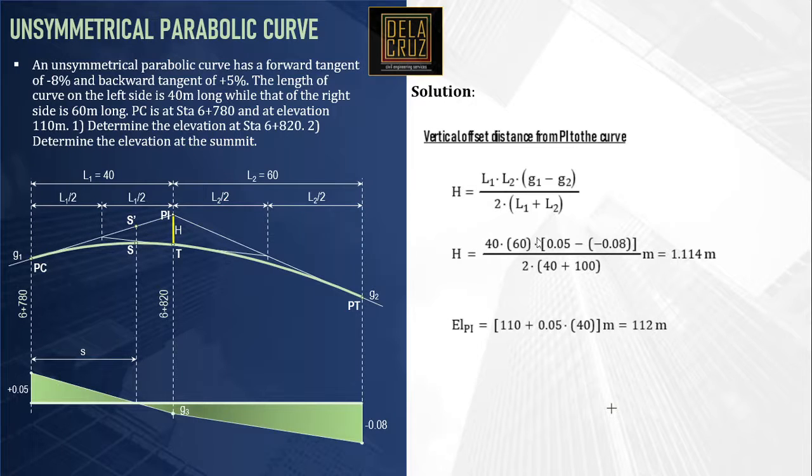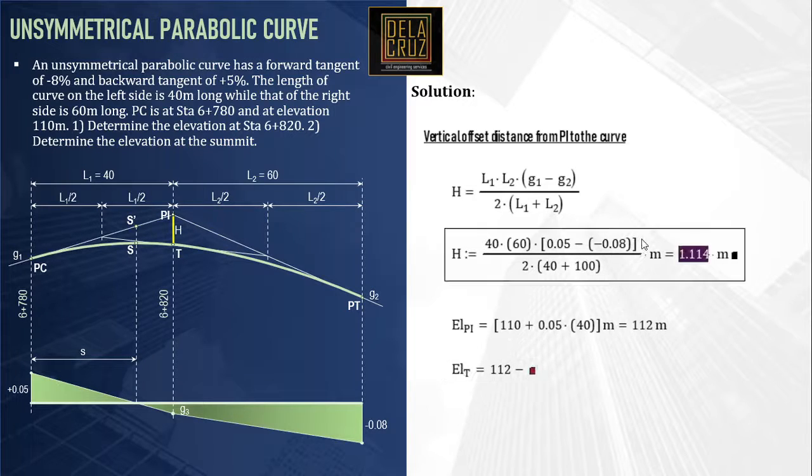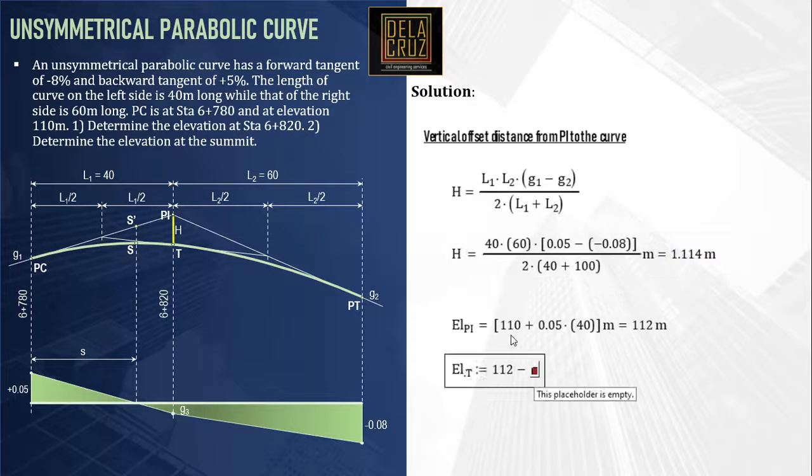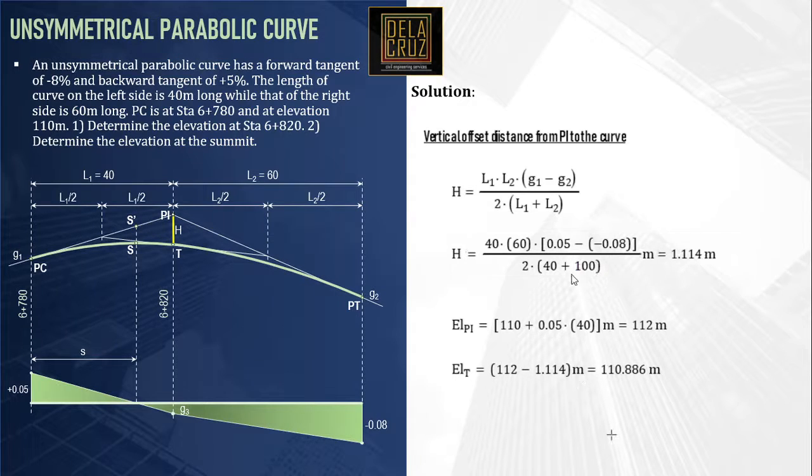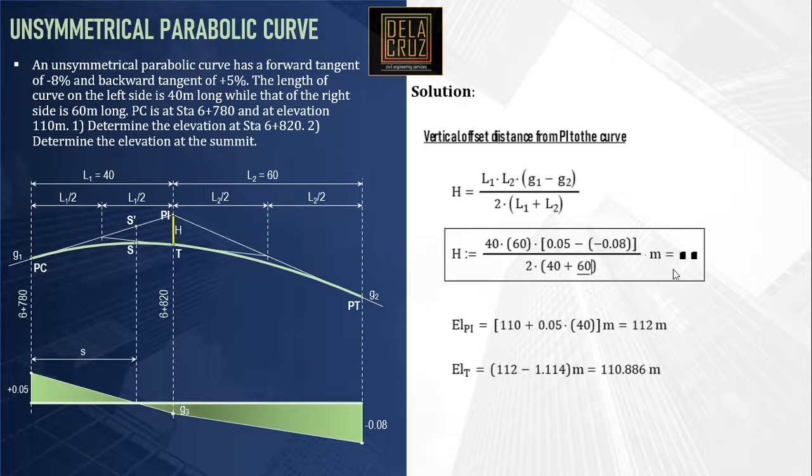Now, the elevation of T is the elevation of PI minus the value of H. 112 meters minus H. H is 1.114 meters. Sorry, this is 60 meters, I didn't notice this error.